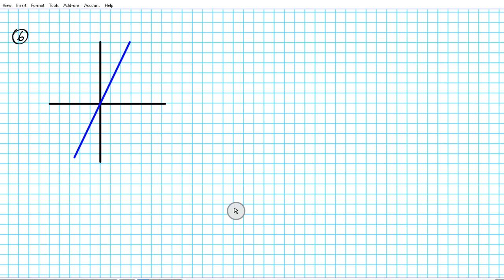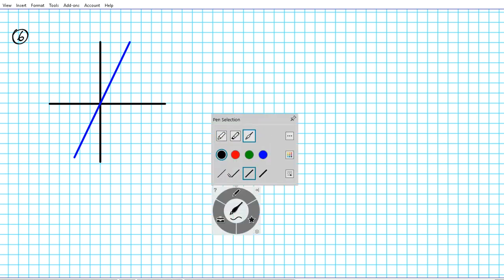So, question, is this graph the graph of a direct variation? What do you think? The answer is yes. Now, how do we know that it is the graph of a direct variation? There are two things that need to be present to enable us to arrive at that conclusion.